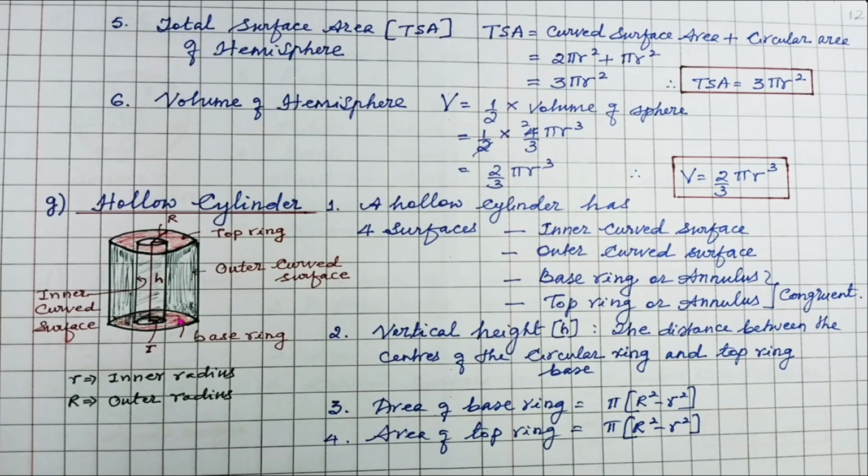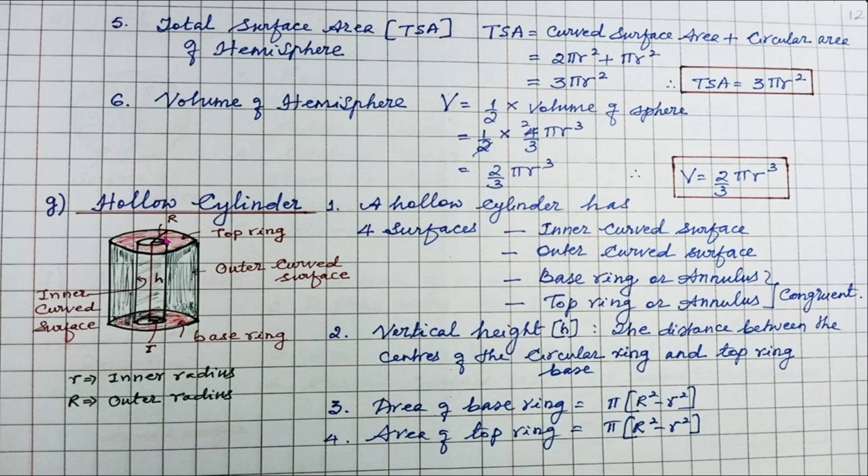Now also, if you look at the base ring, it has got two circles. One is the inner circle, the other one is the outer circle. So the inner circle is of radius small r, the outer circle is of radius capital R. Now the area of the base ring can be found out by finding the area of the bigger circle and subtracting the area of the inner circle, that is pi R square minus pi r square, which therefore the area of the base ring is pi (R square minus r square).